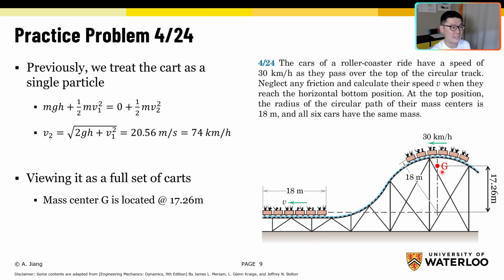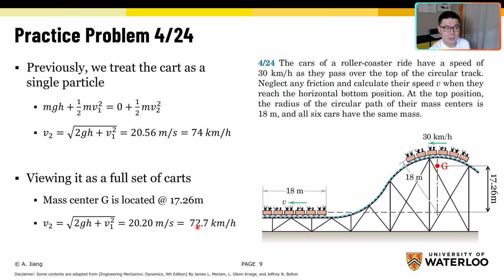Therefore, the height difference this roller coaster truly experienced from top to bottom is only 17.26 meters instead of the whole 18 meters as we used here. So this would change your answer of velocity 2 to 72.7 kilometers per hour.